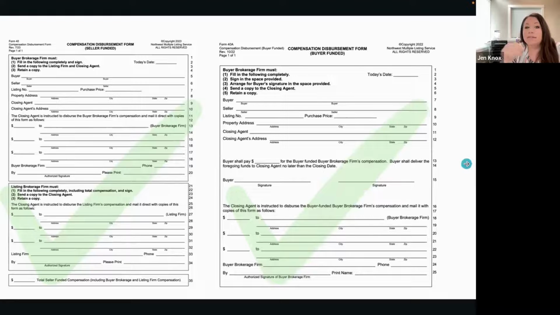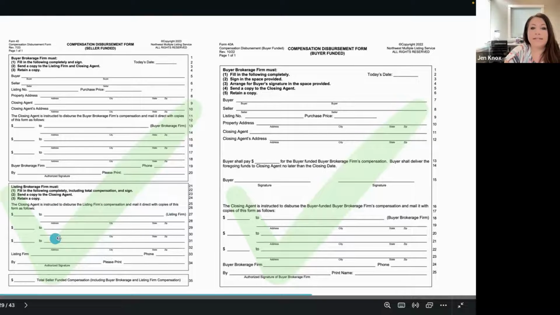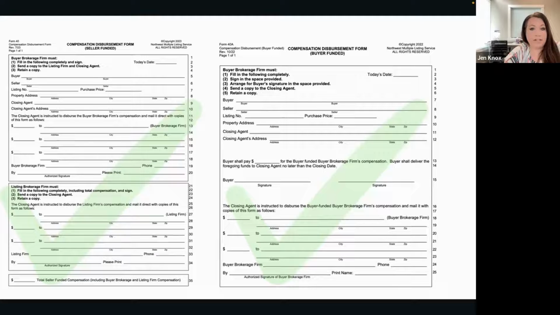If you are the listing agent, you would do a seller compensation form, because you have the agreement that that seller is going to pay this bottom box here. That's the listing box. Now, the buyer has no promise of compensation at all. So this would be a situation where potentially you could be using both of these forms, and thus having the money come out of the closing statement on the buyer and seller side.